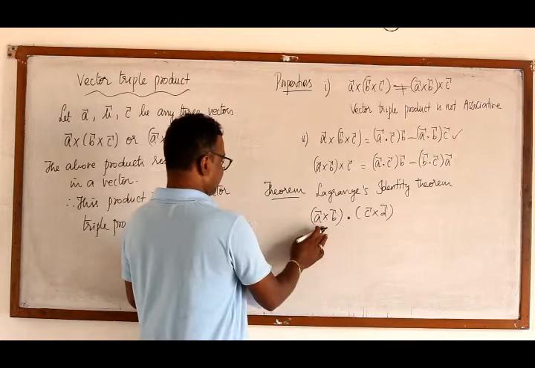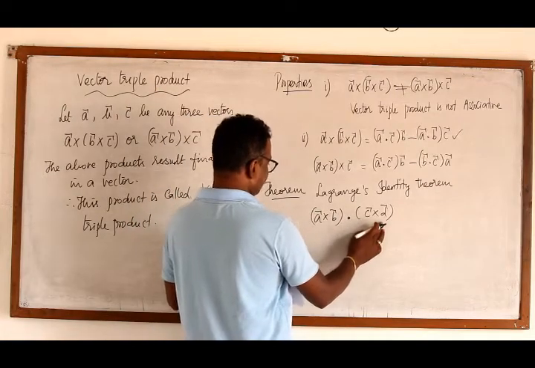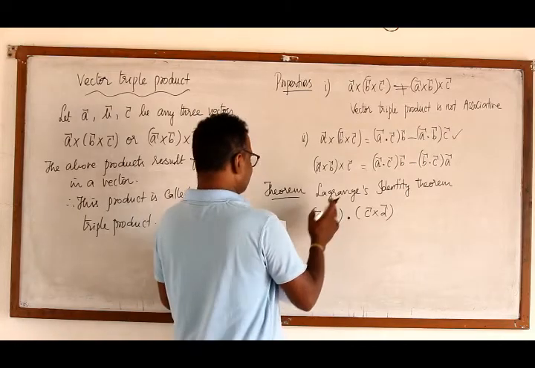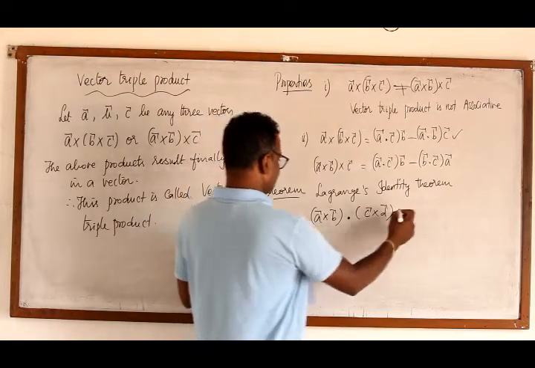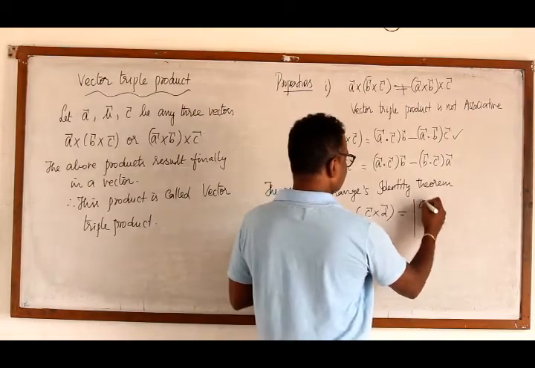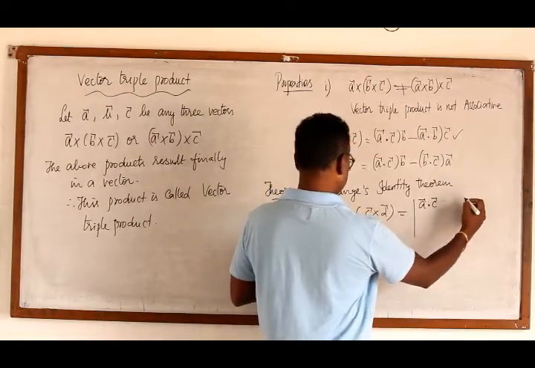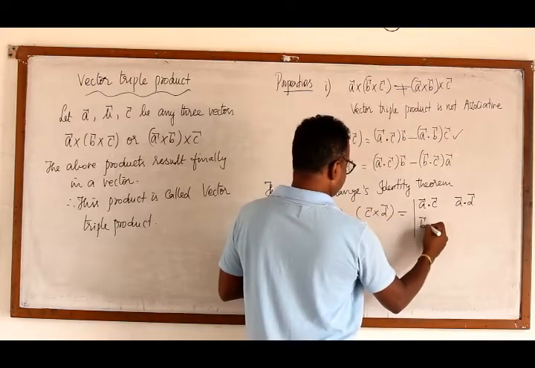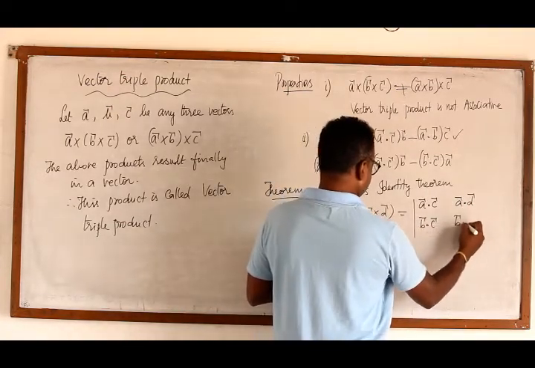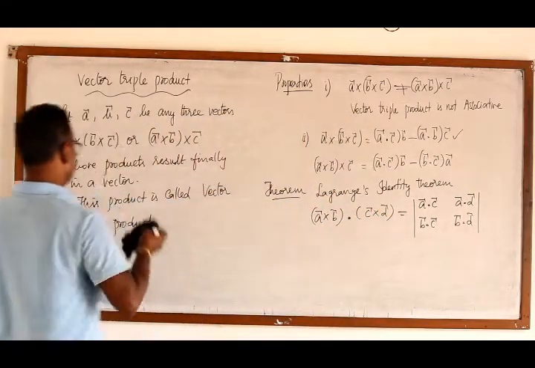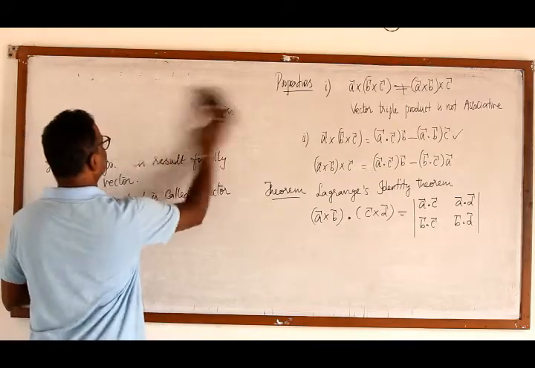This is a cross product of two vectors and this is again a cross product of two vectors, but finally that will result in a scalar. So we say scalar product of four vectors also. This is equal to the determinant with rows A dot C, A dot D and B dot C, B dot D. This determinant we have to prove. So we shall prove this.